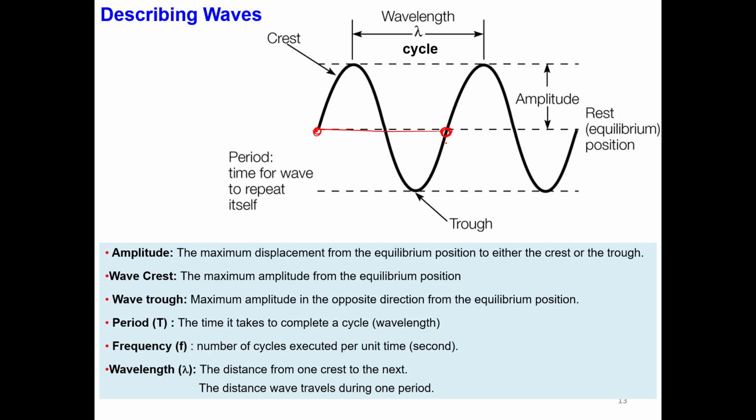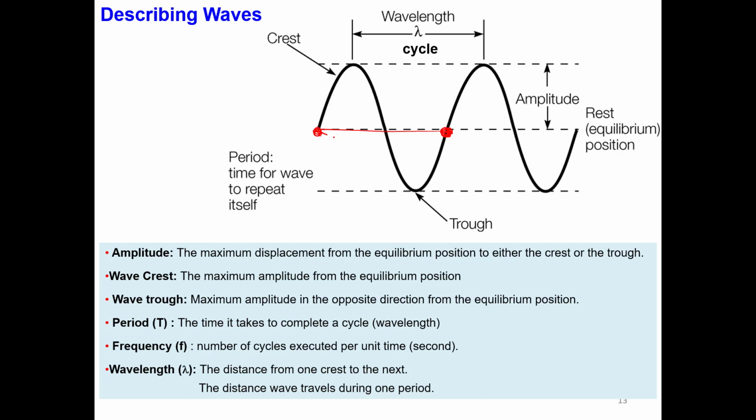We can subtract this time minus this time, and we will know the period. If we know the period, we know the frequency, because the frequency is the inverse of the period. And we know it is how many cycles the system can execute per unit time.